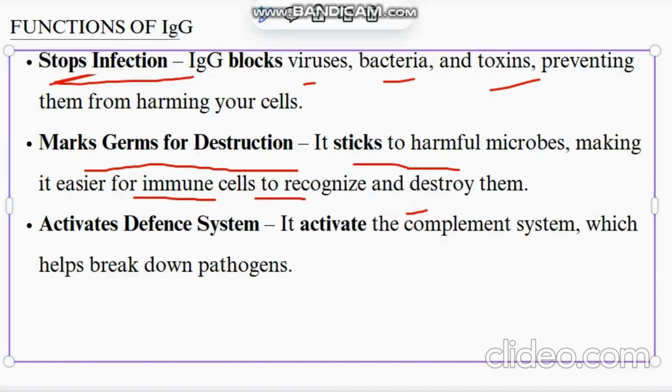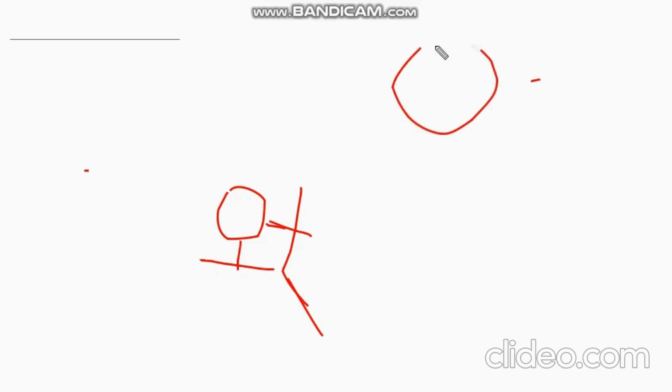So IgG antibodies have an ability to stick on the microbes. For example, here is the microbe, and the IgG antibody has an ability to stick on these microbes, and it is very easy for the immune cell to detect the microbe.